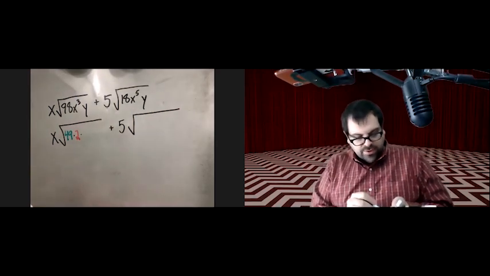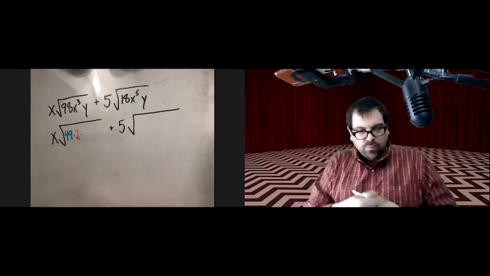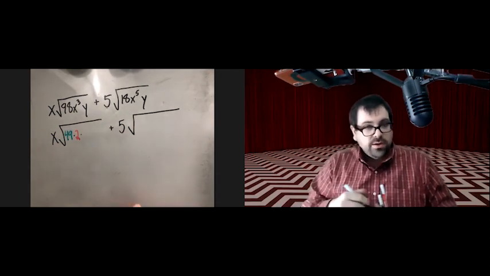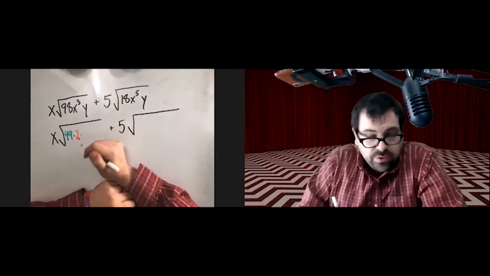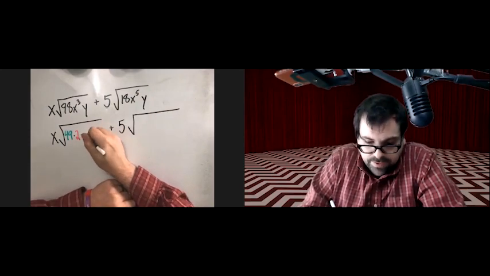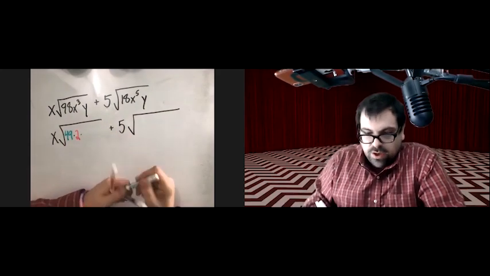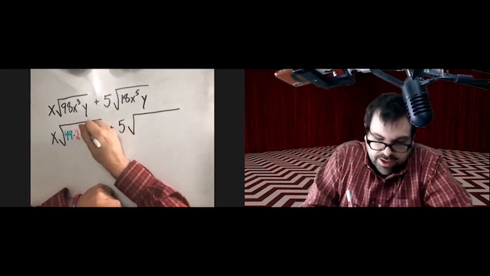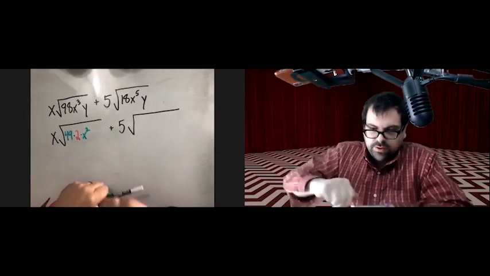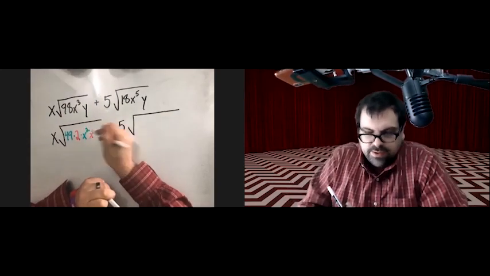X cubed, how did we simplify that last time? When we're looking for a square root, we want the highest power of 2 that we can fit in. So we call x cubed x squared times x.